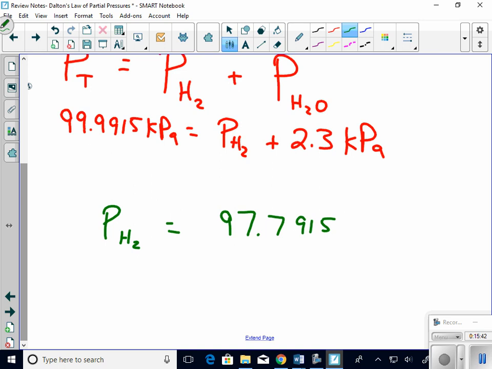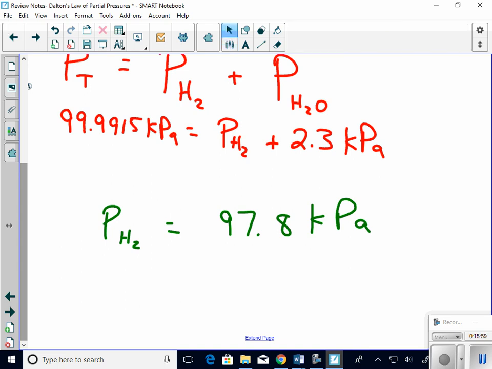But if I sig fig it, what do I need to do? 97.8 kilopascals. No, that's wrong.